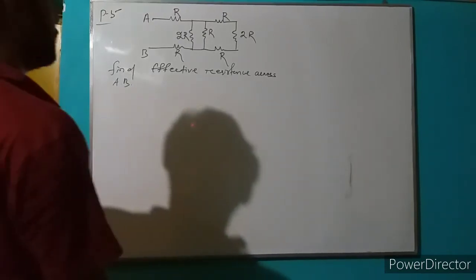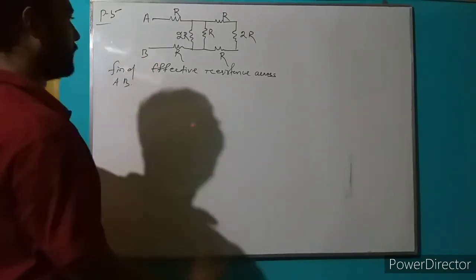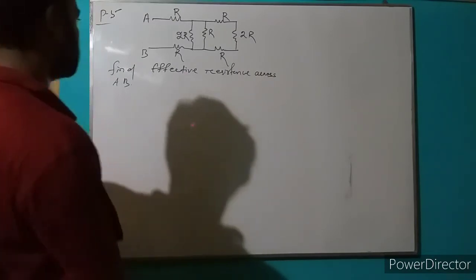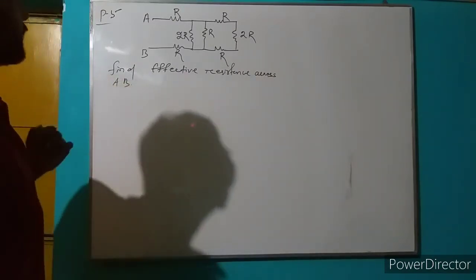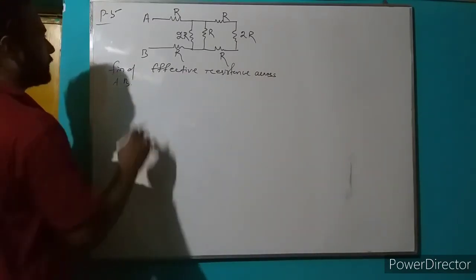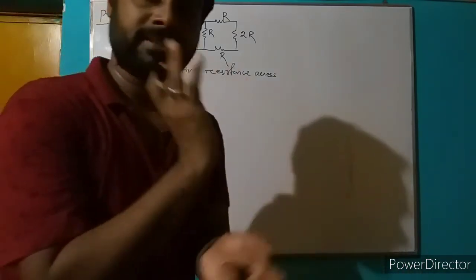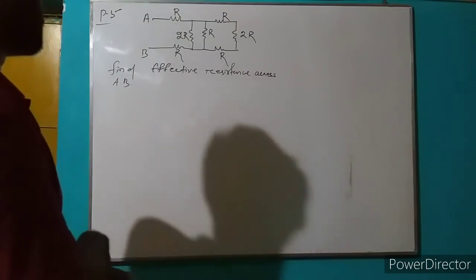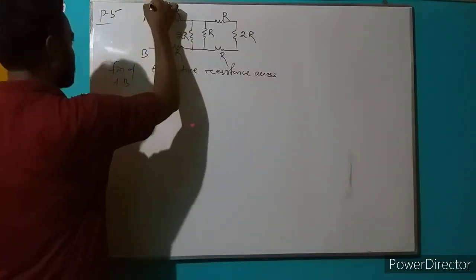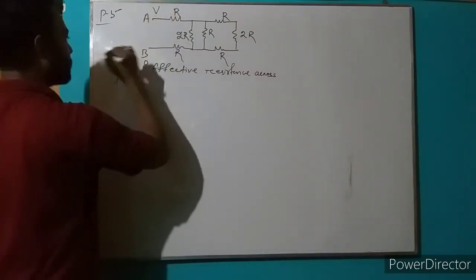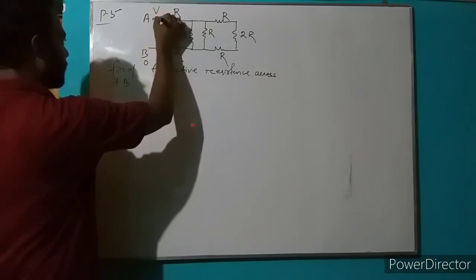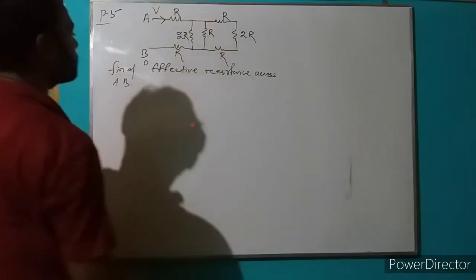So here in the given circuit, please note it, listen carefully. If we assume that the A and B terminals are connected to a potential difference or cell, so that A has higher potential and B has lower potential, that means there is a current passing through that circuit.